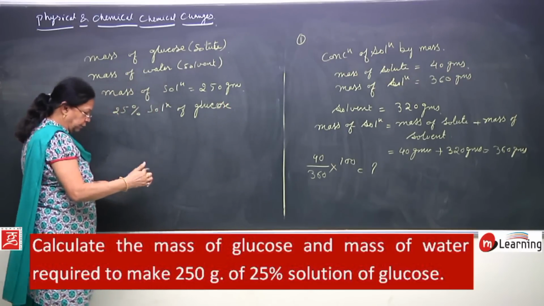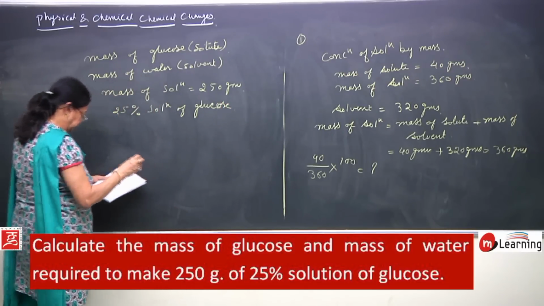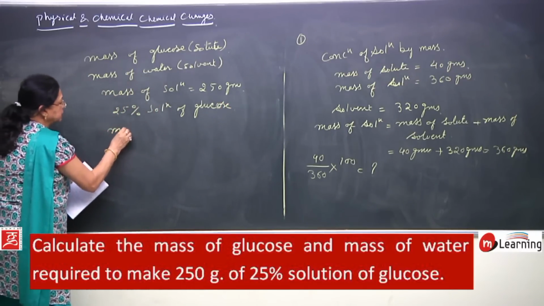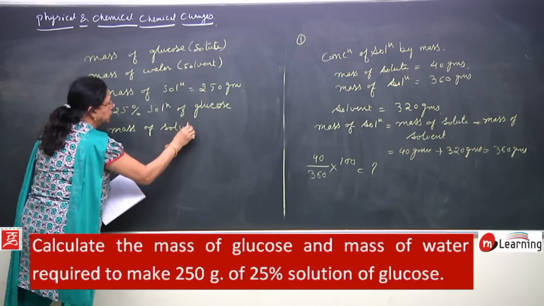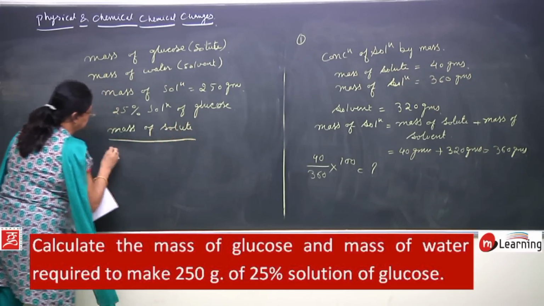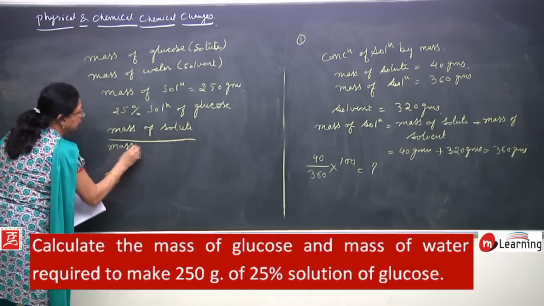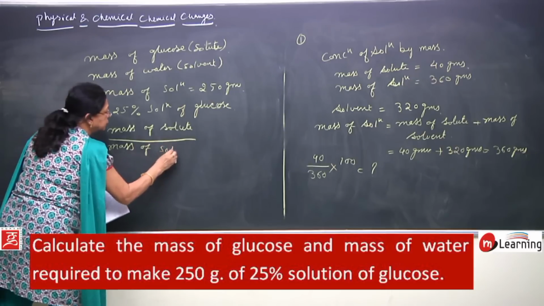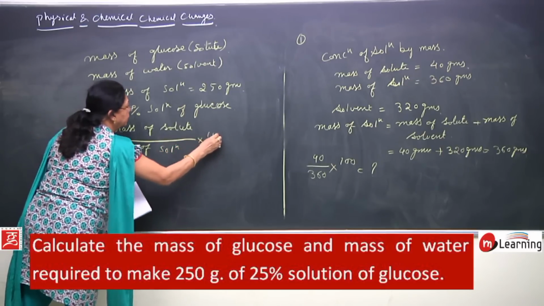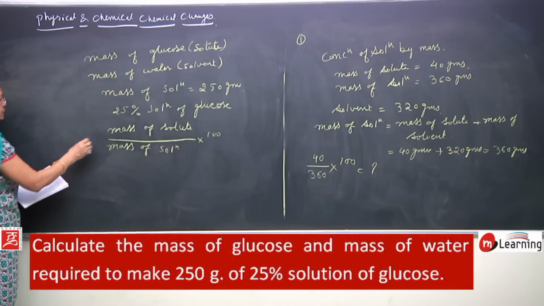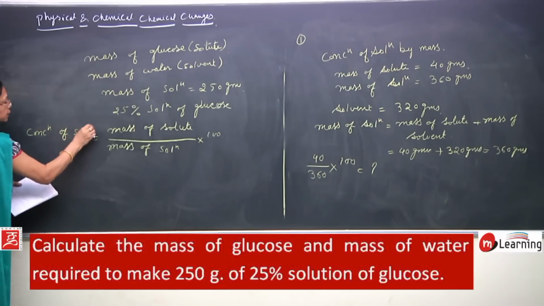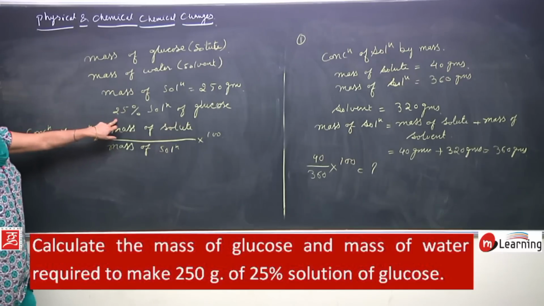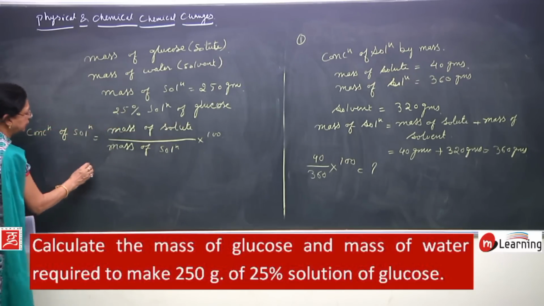And we have the formula that mass of solute upon mass of solution into 100 is equal to the concentration of solution. Here we are given concentration of solution, that is 25%.